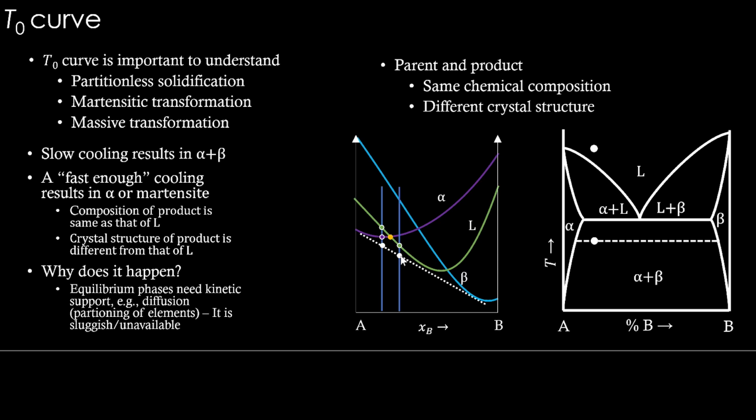Now since this equilibrium state cannot be formed due to the kinetic restriction, can this liquid become alpha? If it becomes alpha, its Gibbs energy is going to go up to this point, right? So this is energetically unfavorable. So Gibbs energy increment cannot happen. So this liquid becoming alpha cannot happen.